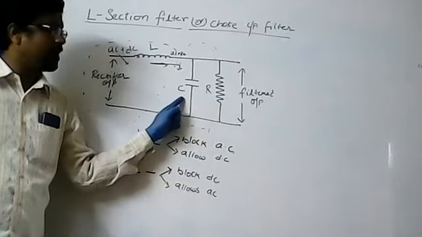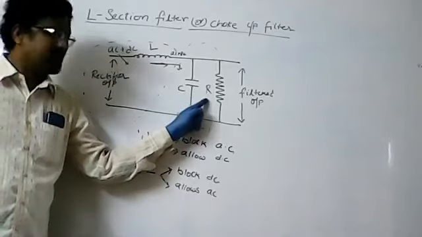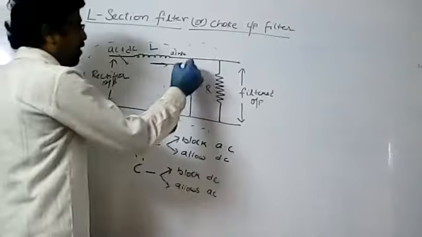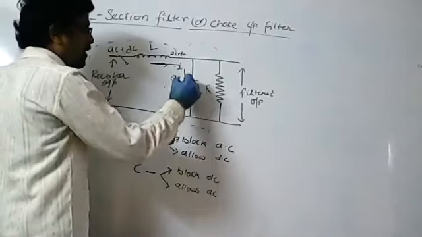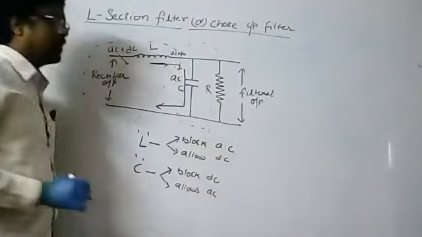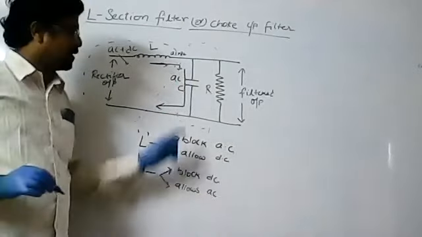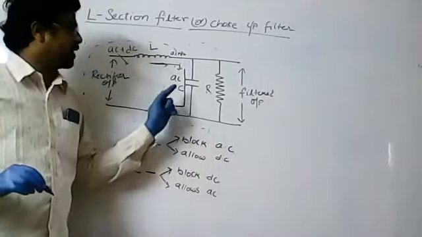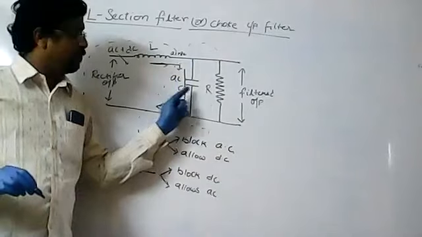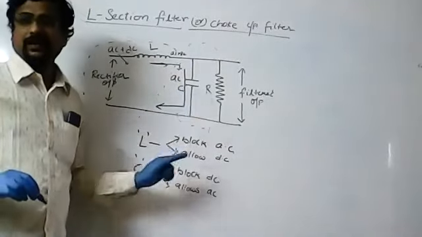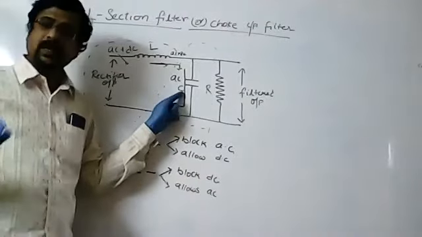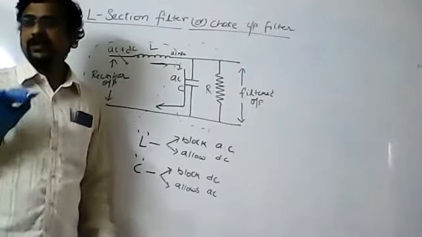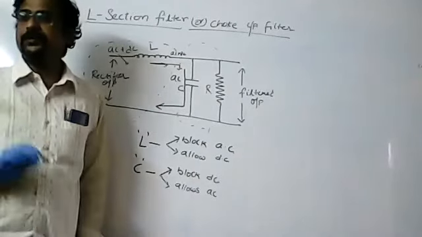The reactance offered by the capacitor will be lesser than the resistor at the AC mains frequency, that is 50 Hz in India. So all the AC components which are there will bypass.